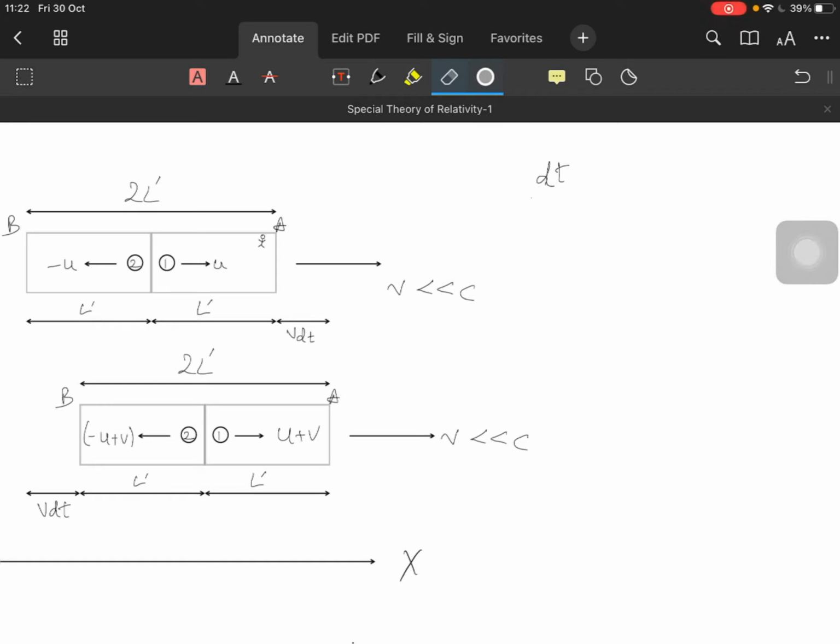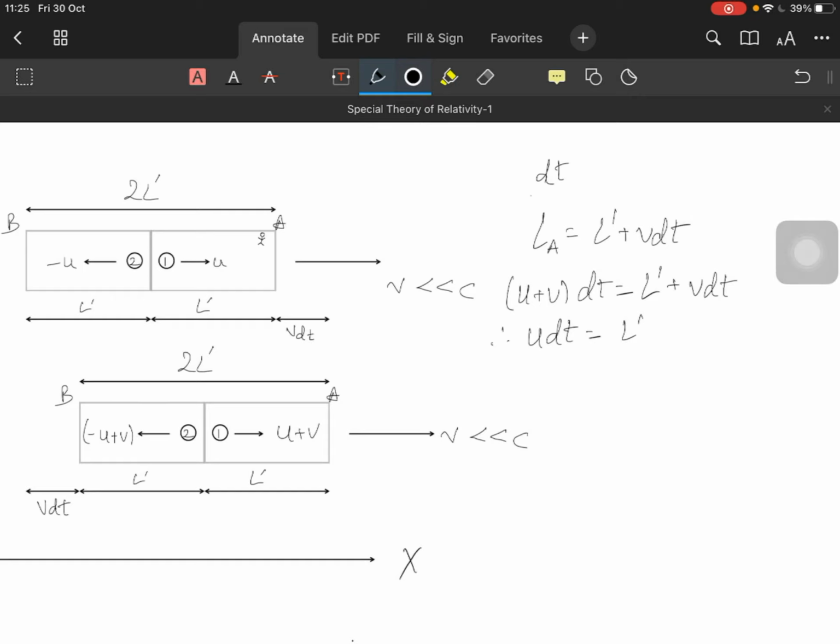According to the observer on the platform, the distance the ball travels to reach A equals L dash plus v dt. Therefore, u plus v dt equals L dash plus v dt. Therefore, u dt equals L dash.